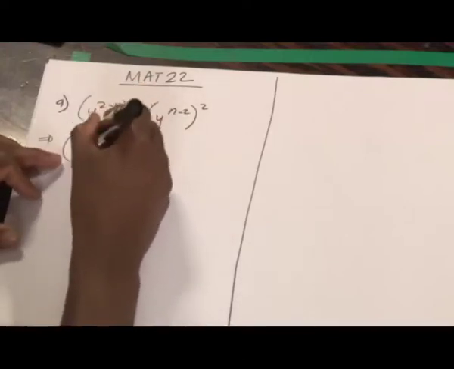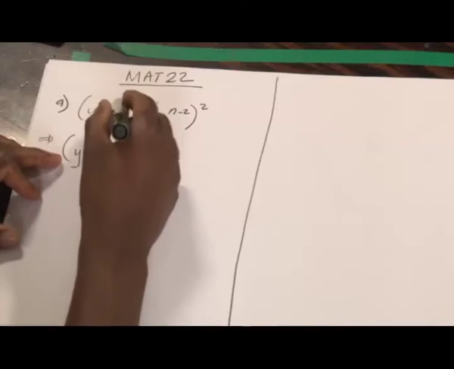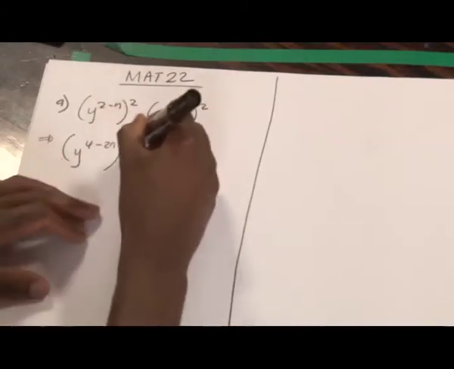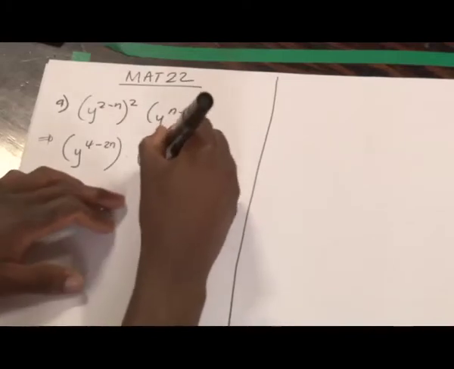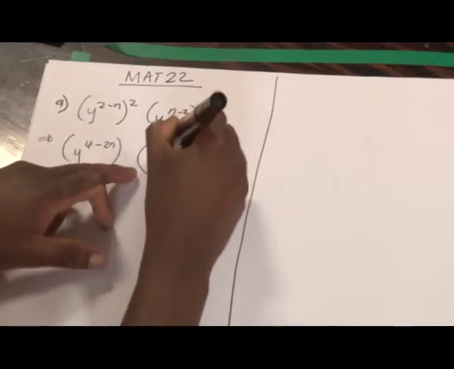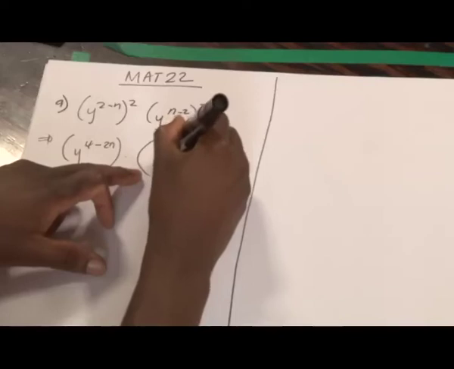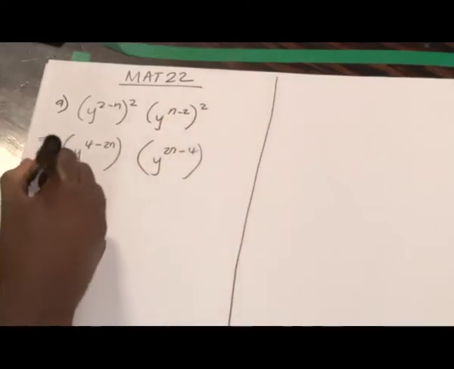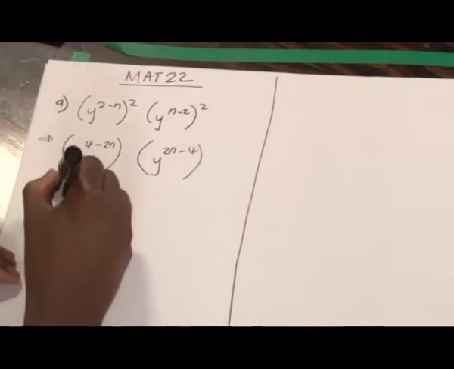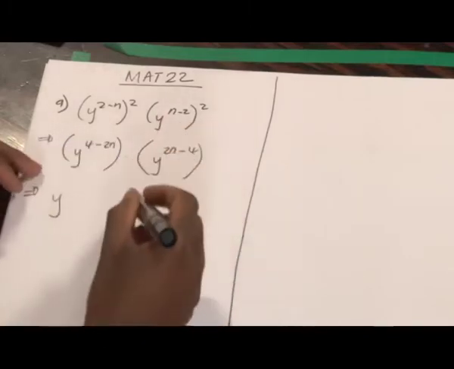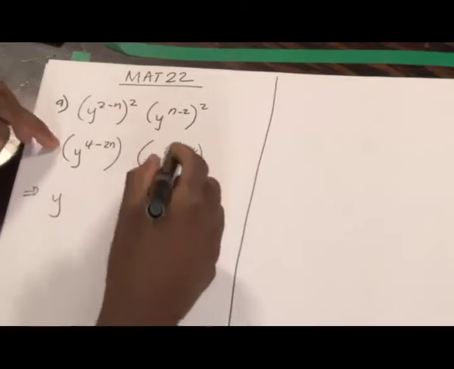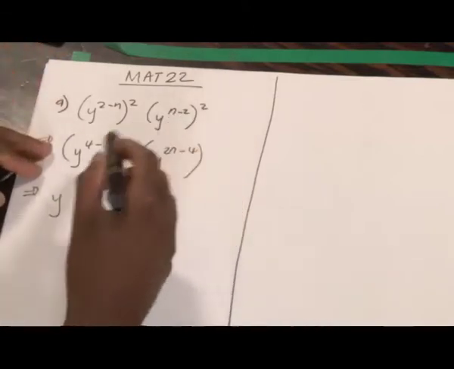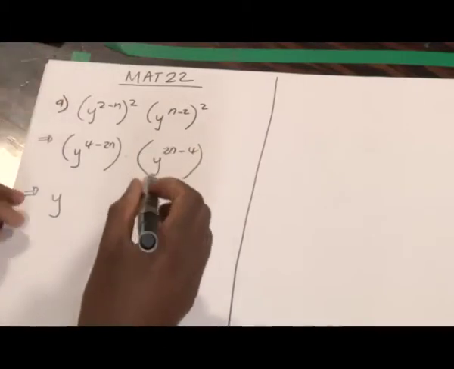So you have 2 times 2 is 4, minus n times 2 is 2n. Then times, here also have your y, then n times 2 gives you your 2n, minus 2 times 2 is 4. Since the base is the same, which is y, you just now deal with the exponents. In this case, it's more like you are multiplying. What do you do with the exponents if you are multiplying? You add.